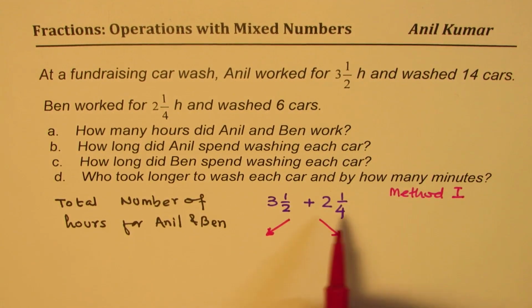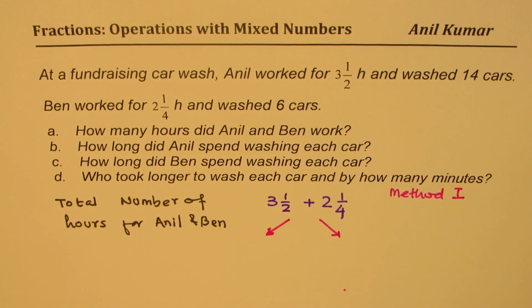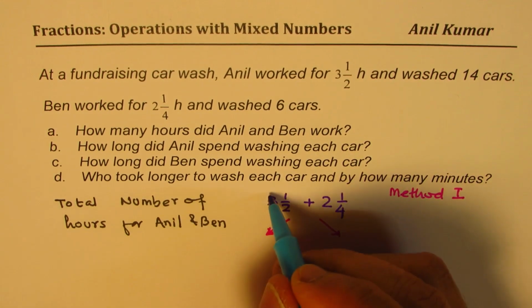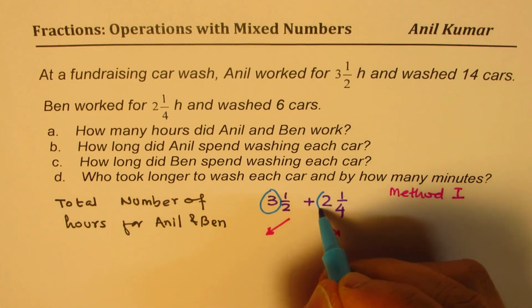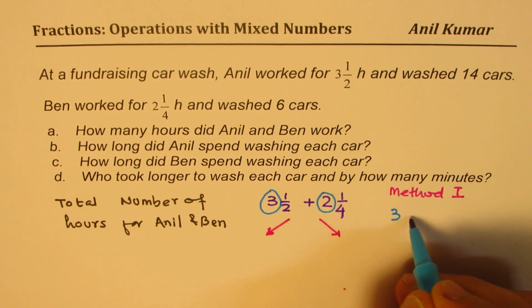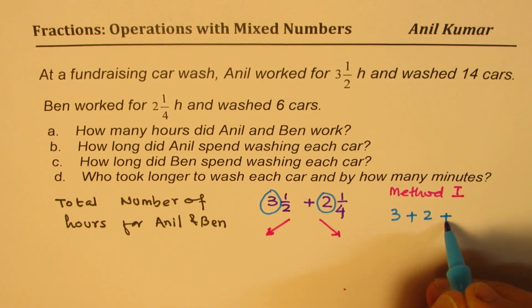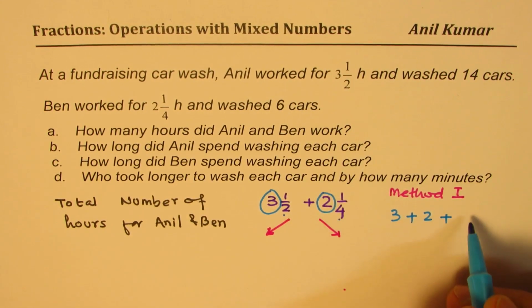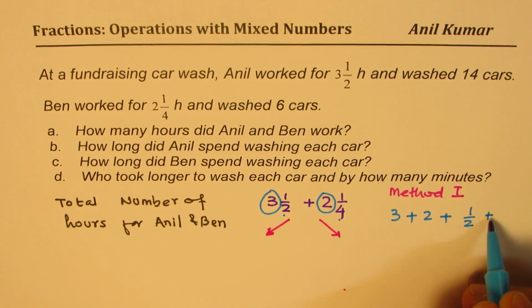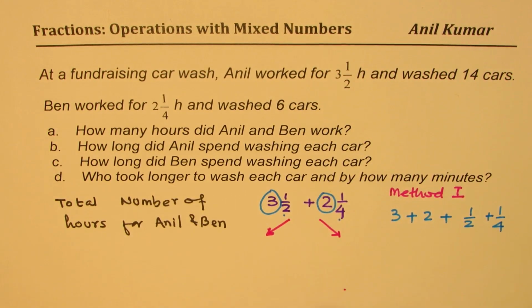For addition, both the methods are good enough. So in method 1, what you really do is you add the whole numbers, which is 3 and 2. So you say, well, this is 3 plus 2. And then you add these fractions, half and 1/4. Correct? So that is how you do it.